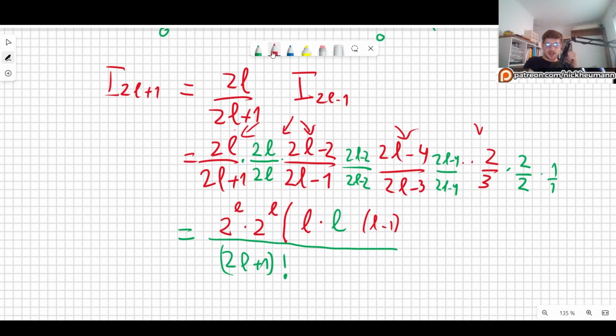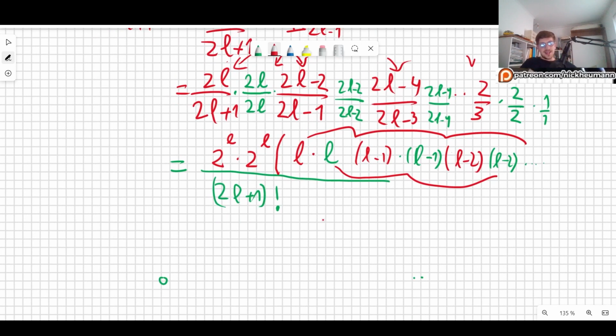So it is L minus 1, and then we have another L minus 1, and then we have this 2L minus 4, we factor out 2, so it is L minus 2, and then we have another L minus 2. And then we just continue all the way to the lowest number. So what this means is we have in red, L factorial, L minus 1, L minus 2, and so on. And in green, we have L factorial as well. So we have L factorial squared.